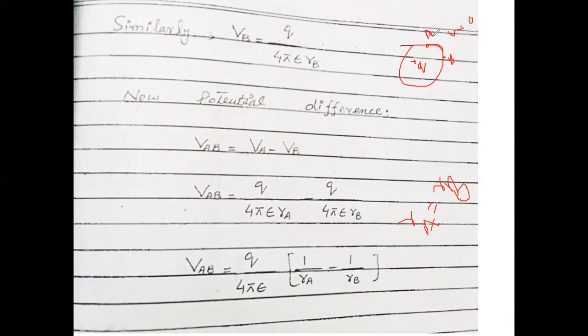This is the case if we have the same equipotential surface, but now we have considered different equipotential surfaces, so Ra is not equal to Rb in our case. So VAB will be equal to Q divided by 4 pi epsilon times (1 over Ra minus 1 over Rb).